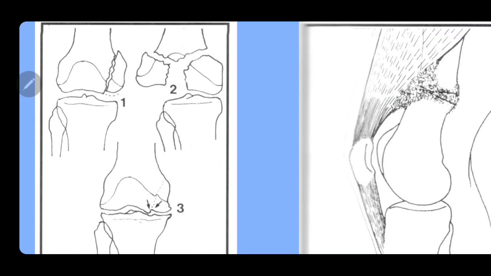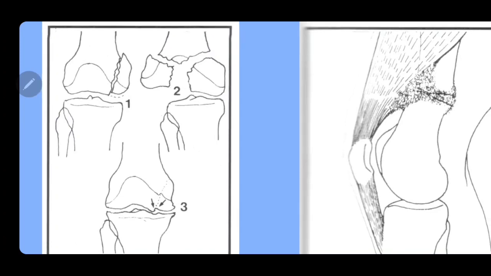So mostly this is done by surgical technique, as only open reduction and internal fixation allows us to achieve very good positioning of fracture fragments.